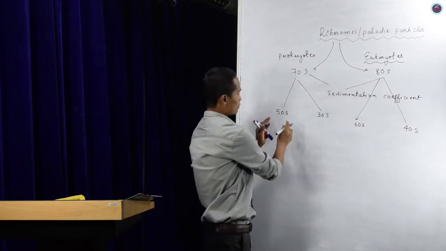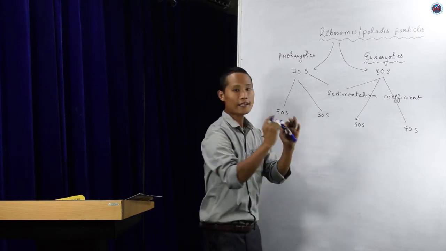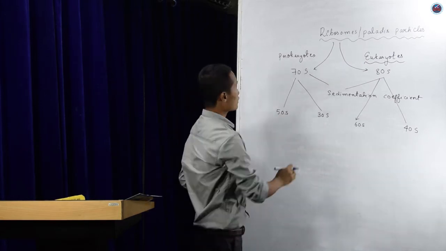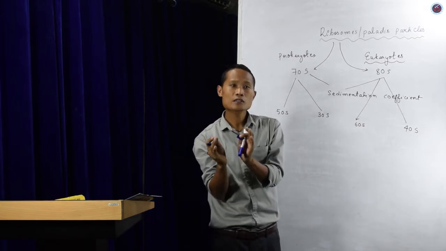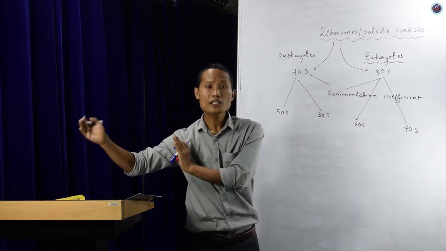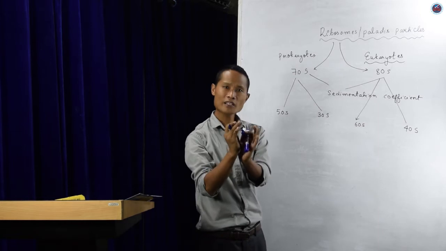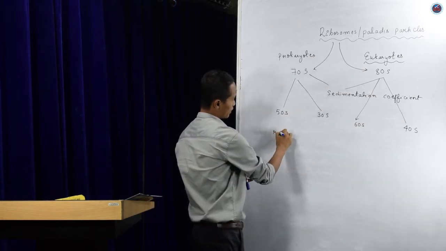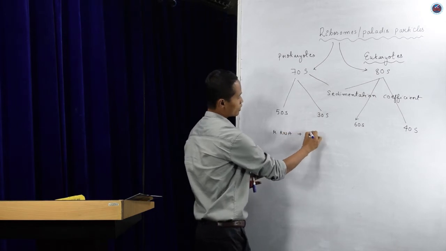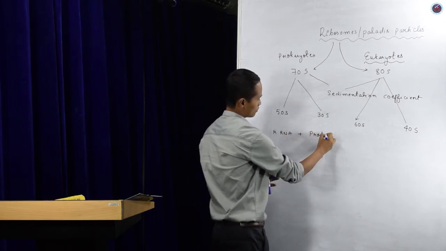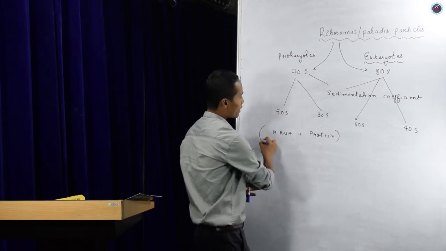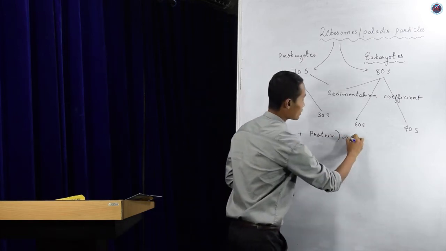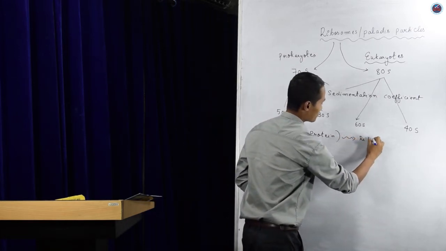These 50S and 30S again have subunits. Ribosome is nothing but a ribonucleoprotein, which means it is made up of RNA plus protein. So rRNA plus protein is nothing but ribosomes.